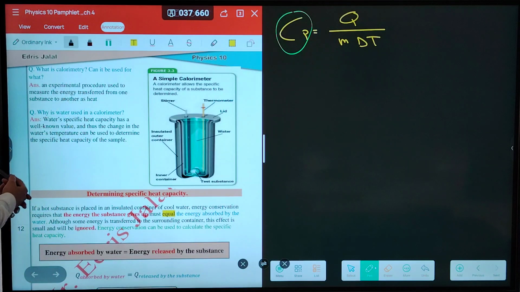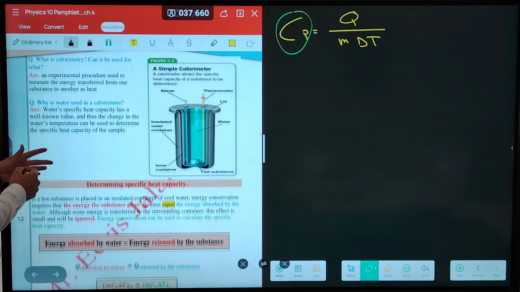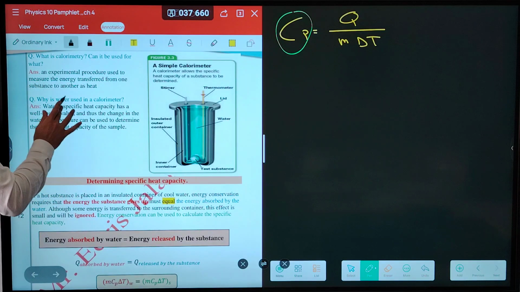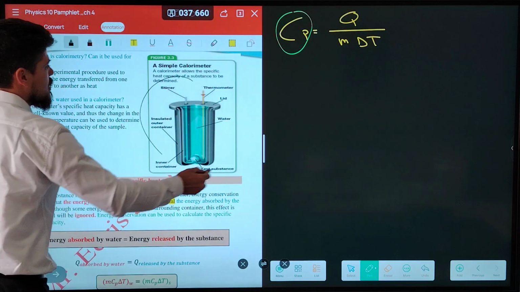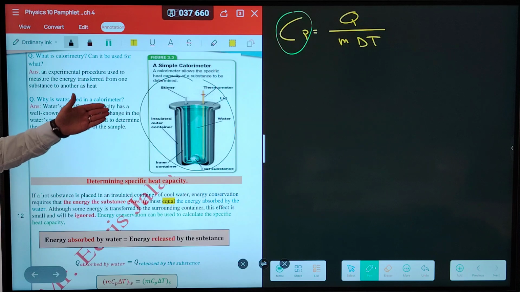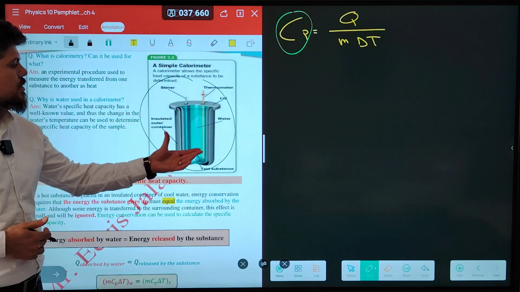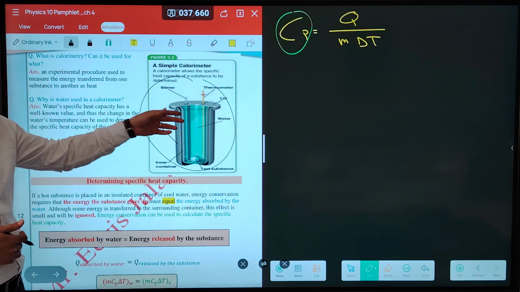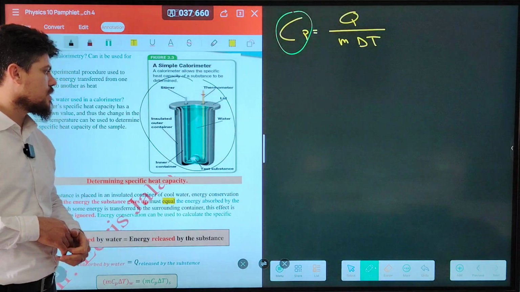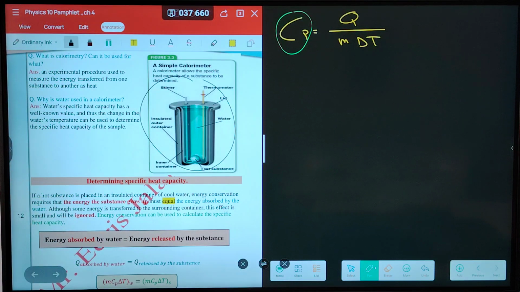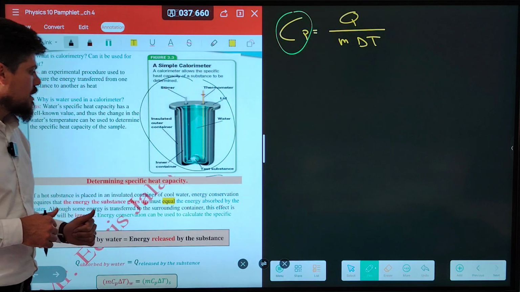What is calorimetry and what can it be used for? So what is the advantage of calorimetry? At first, calorimetry is an experimental procedure, as you can see here. The components of the calorimeter are the stirrer, thermometer, lid, water, an insulated outer container, and the test substance.